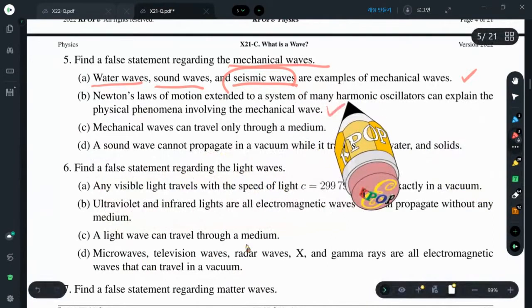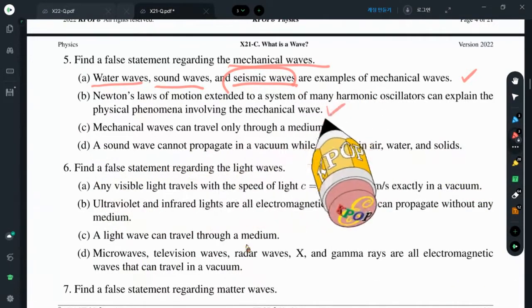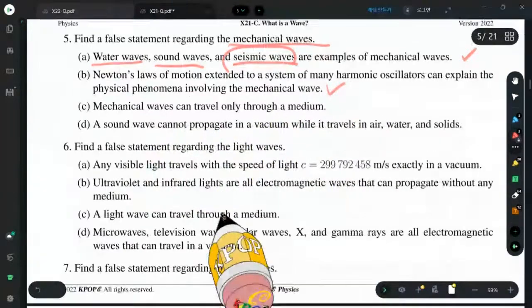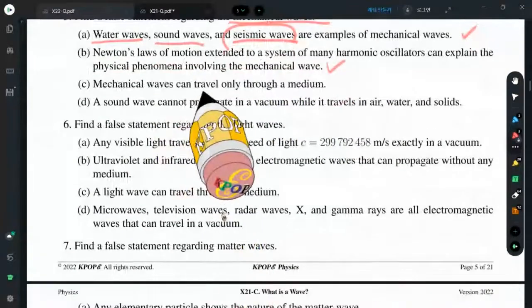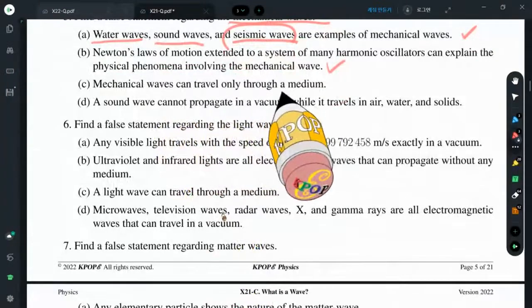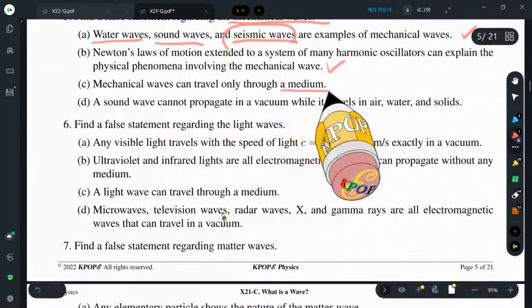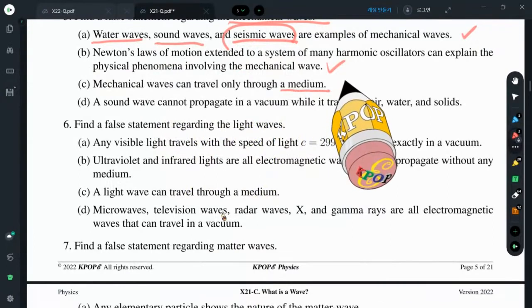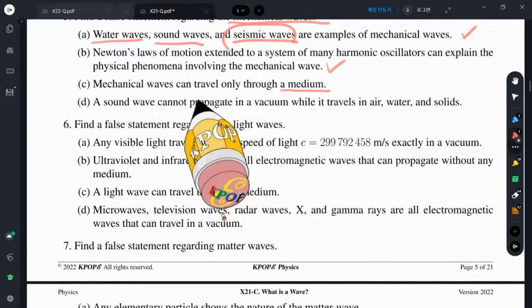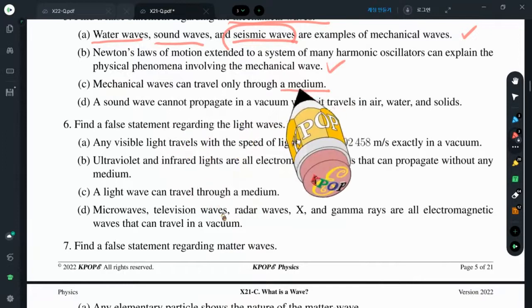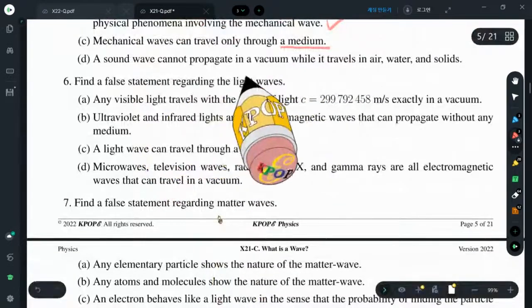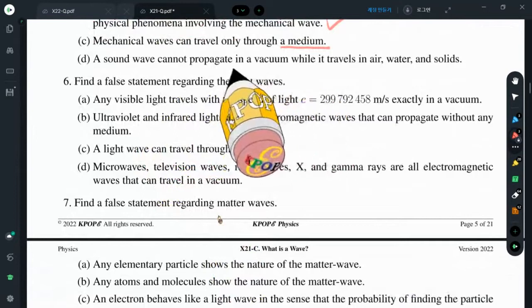Yes, that's what we are doing in today's class. Mechanical waves can travel only through a medium. However, the electromagnetic wave, including light wave, can travel without a medium. A sound wave cannot propagate in a vacuum.